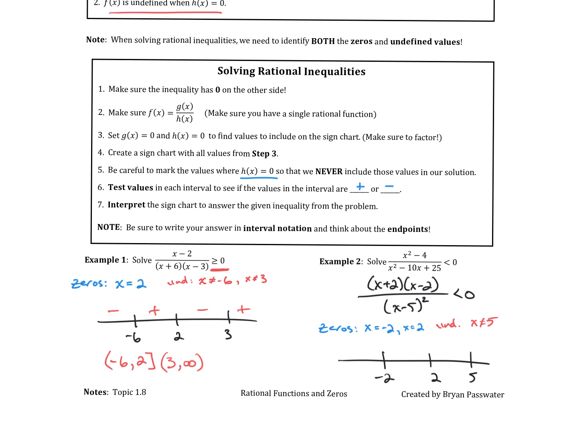So let's pick something left of -2, like -3. Sounds good. A negative and a negative over a square, and the bottom is always going to be positive. Does everybody follow me? So I got a negative times a negative, which is a positive.